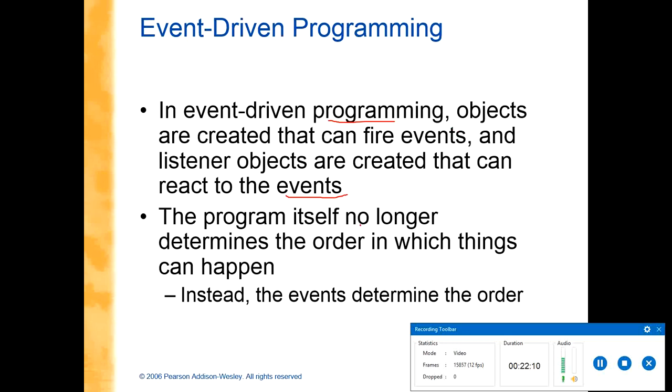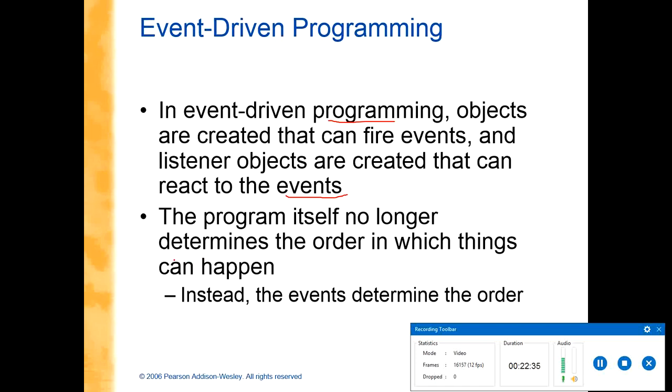The program itself does not determine the flow of the program. Just like now when I give you programs, from the flow of the program you can know the output. In event driven programming, the output depends upon which event is fired. So the program itself no longer determines the order in which things happen.